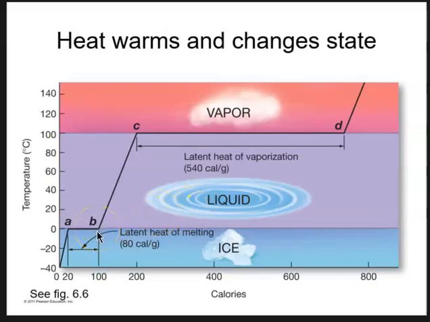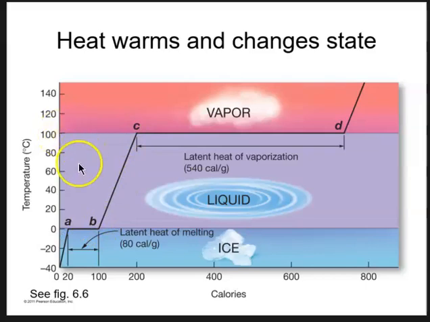If we add another 100 calories, so right, we go from 100 here to 200, that's 100 calories, we get from B to C. Okay, so we were at 0 degrees Celsius at B, and now at C we're at 100 degrees Celsius.